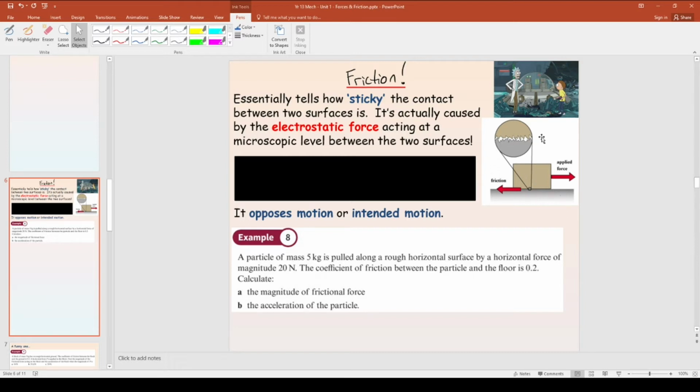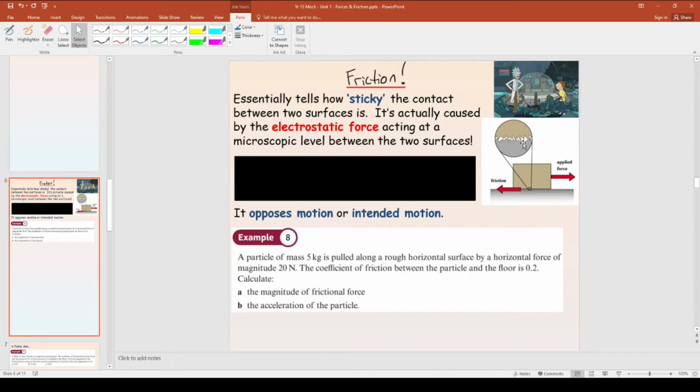If you were to zoom in really close on the bottom of this box and the floor that it's on, it would look really, really jaggy like this. And this is actually where friction comes from. In order for it to move, it wouldn't be just slipping along. It would be breaking off those little microscopic pieces as it slides along, and that takes a good deal of energy, and that's why friction slows stuff down.